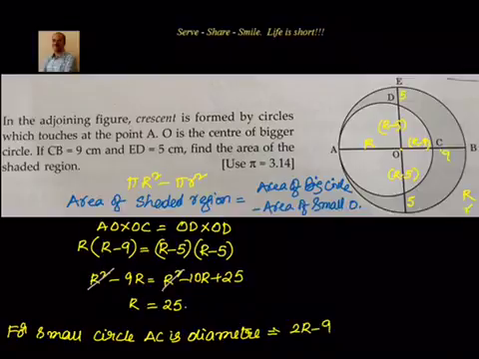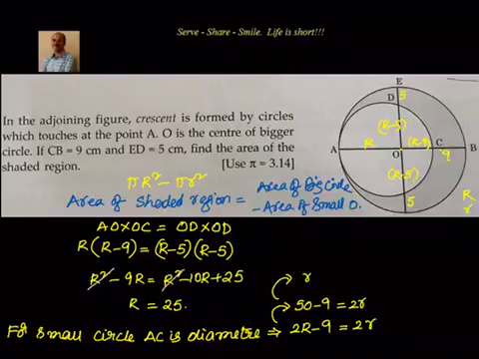So 2R minus 9 is equal to 2 times small r. But what is our R value? That means 50 minus 9 is equal to 2r, so small r equals 41 by 2.